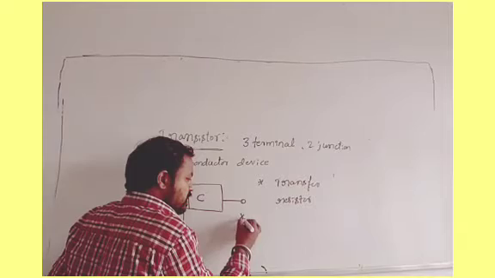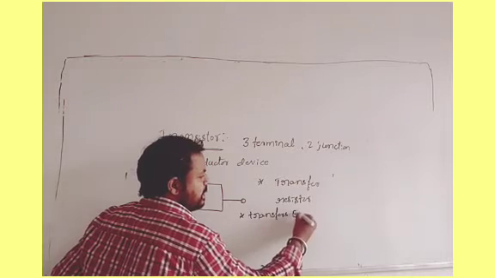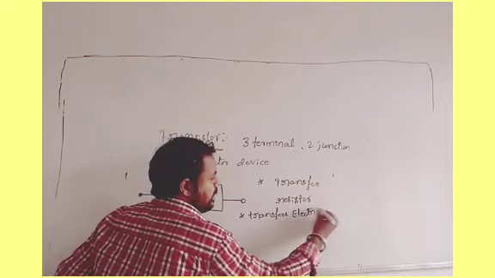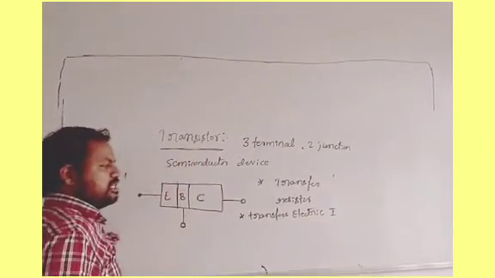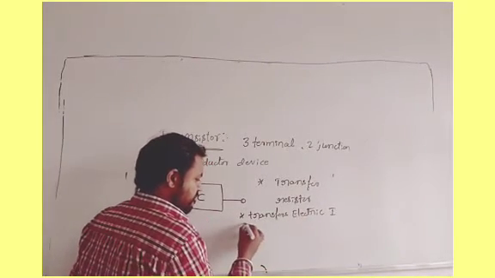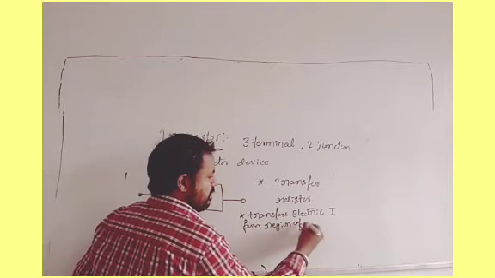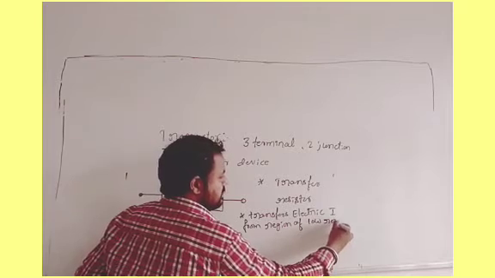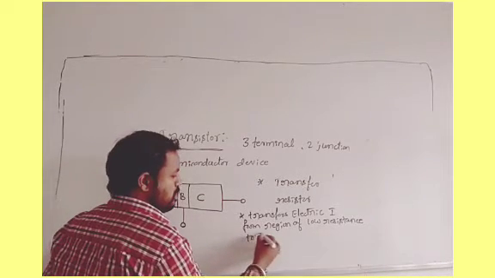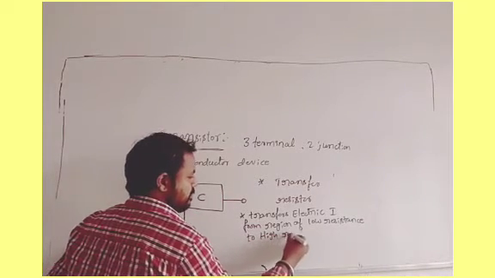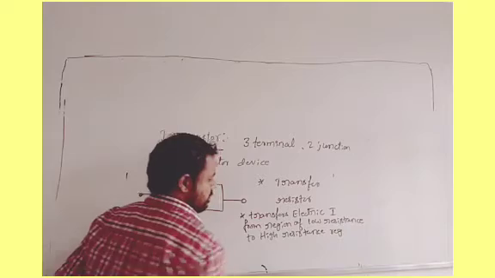Because this transistor transfers electric current, which we represent by the symbol I, from a region of low resistance to a high resistance region.